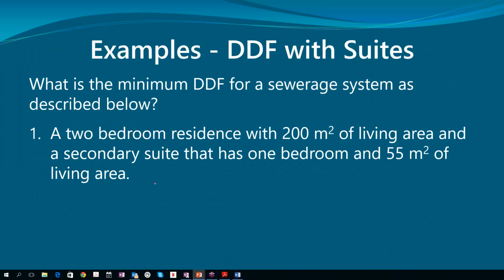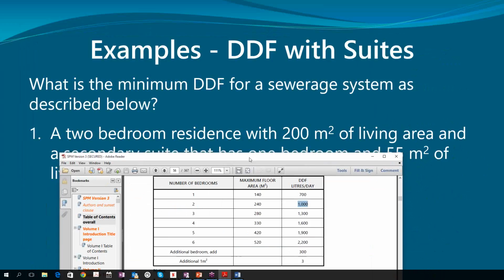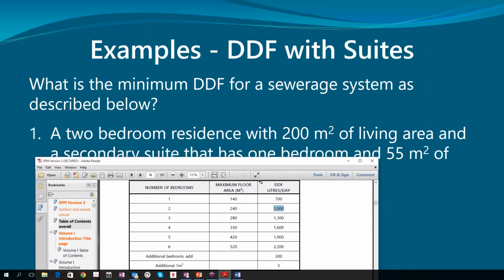Well, let's just stick with that for now as the limited information. The answer is the DDF for a 2-bedroom plus the DDF for a 1-bedroom. So it is 1000 plus 700. The answer is 1700 liters DDF. And now occupancy.